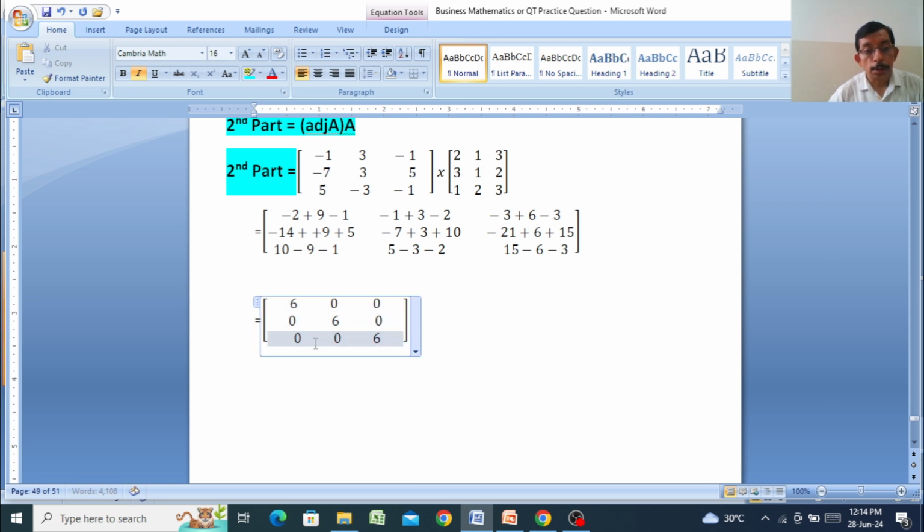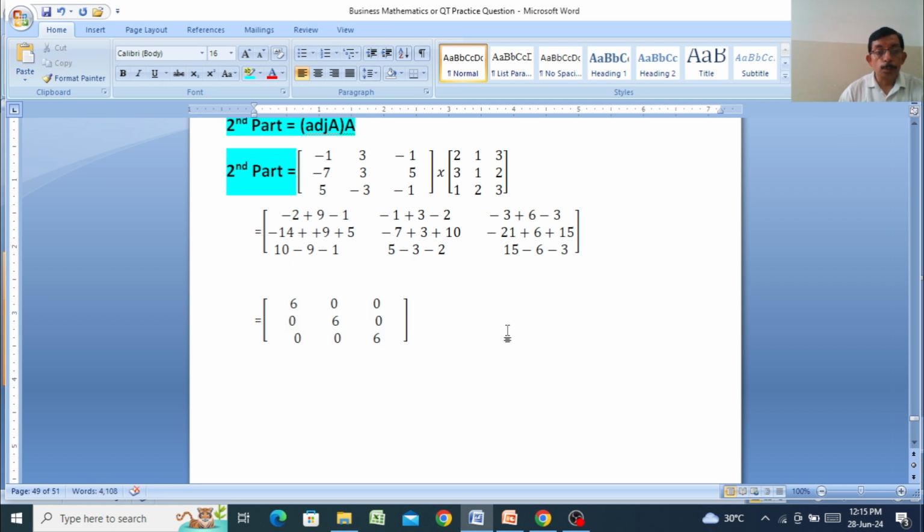This is the 3 by 3 matrix, and the common value in this matrix is 6. Now we take the common value 6 outside from the matrix.